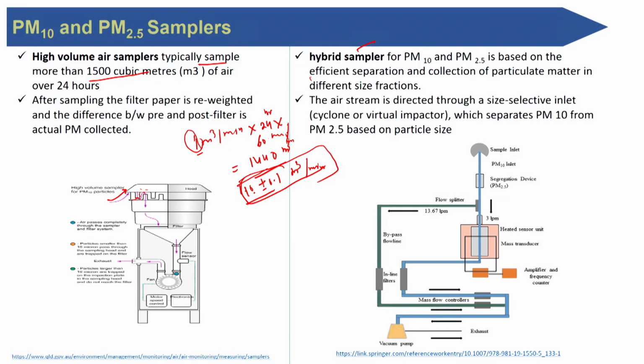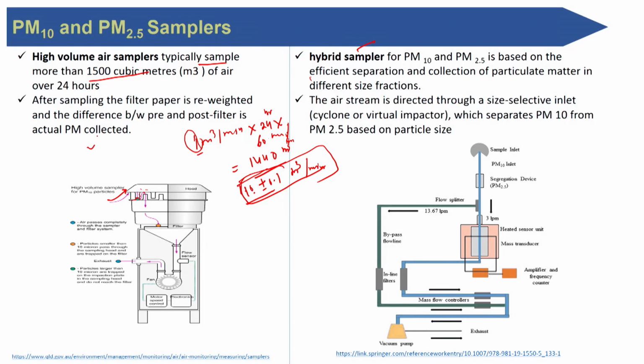Even if you are using 1 meter cube per minute and the standard deviation is 0.1, you have a relative standard deviation of 10%, and this 10% will accumulate and go further up when you are doing the aerosol chemical composition measurements. I have explained this one.